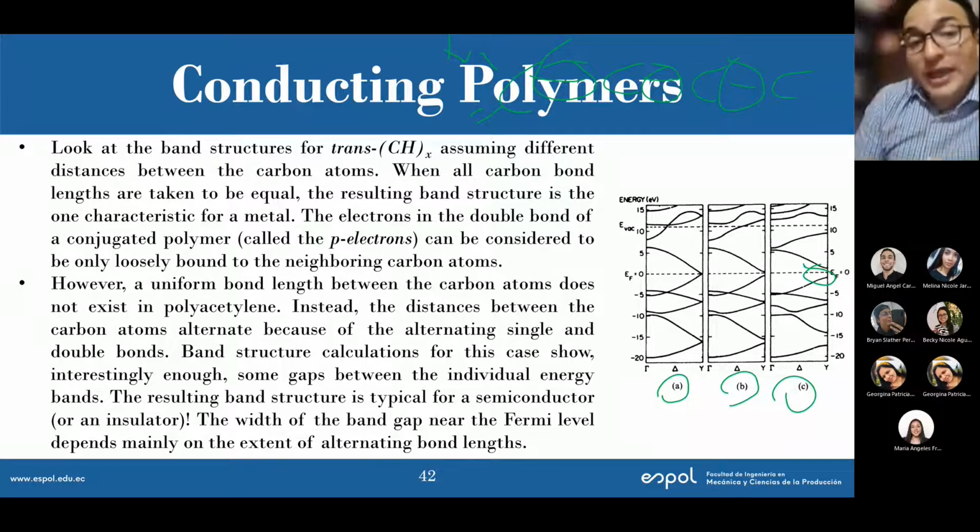So look at that. The extent of the bond variation actually does have a big effect on the gap that polymer has.